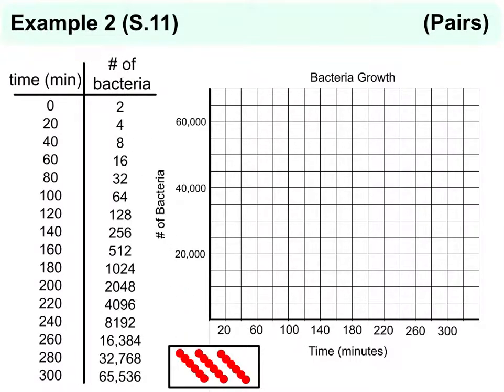So if we looked at graphing some of these, 0, 2 obviously would be way down here at the bottom. And then we won't graph them all, so we'll graph 0 to, maybe we'll go to 60, and then 16 is again still way down here at the bottom.